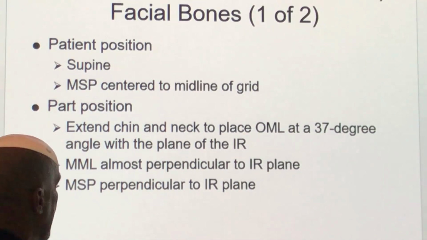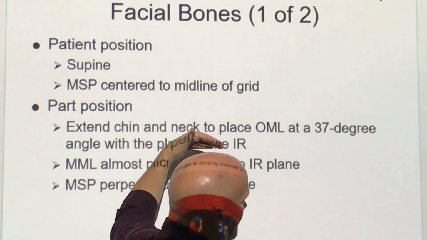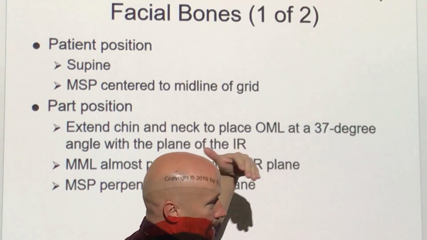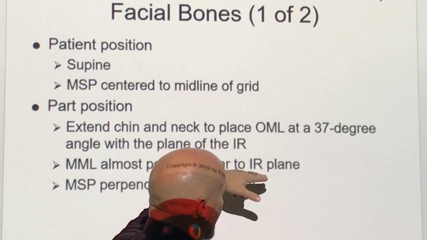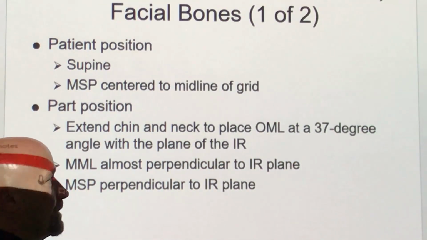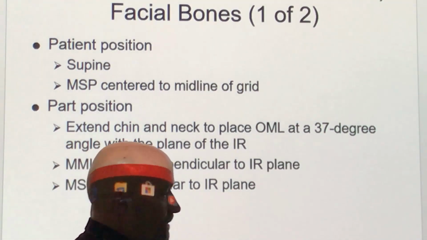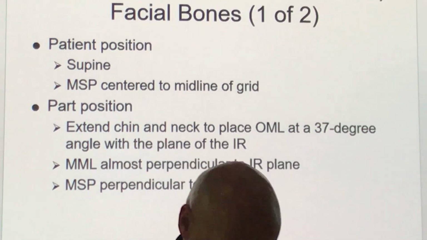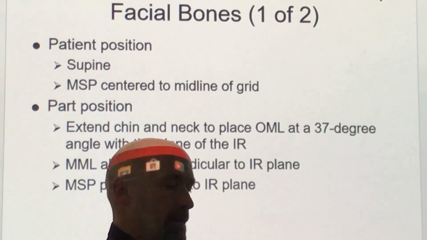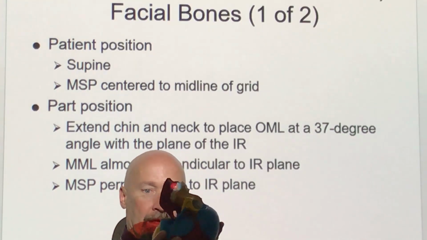So what you would do is extend the chin and put the orbital meatal line at a 37-degree angle to the plane of the image receptor. And how you would go about doing that is by extending the chin enough to where the mental meatal line is perpendicular to the image receptor, about like that.